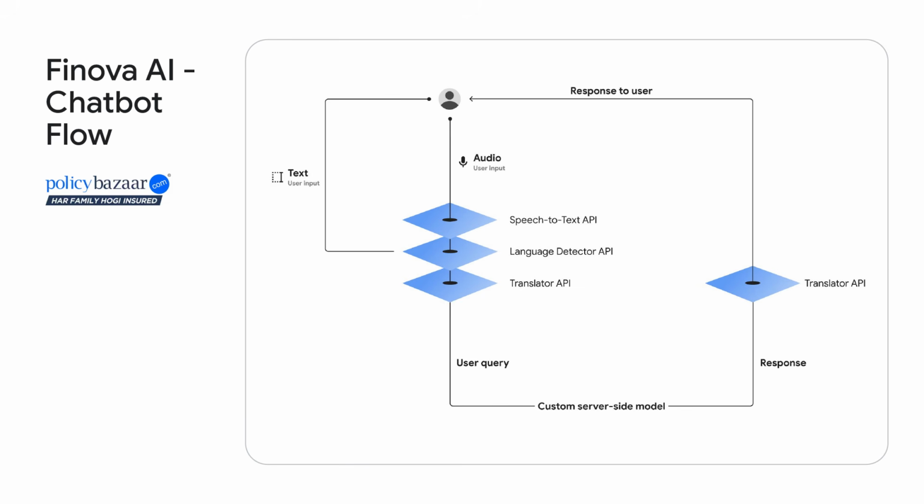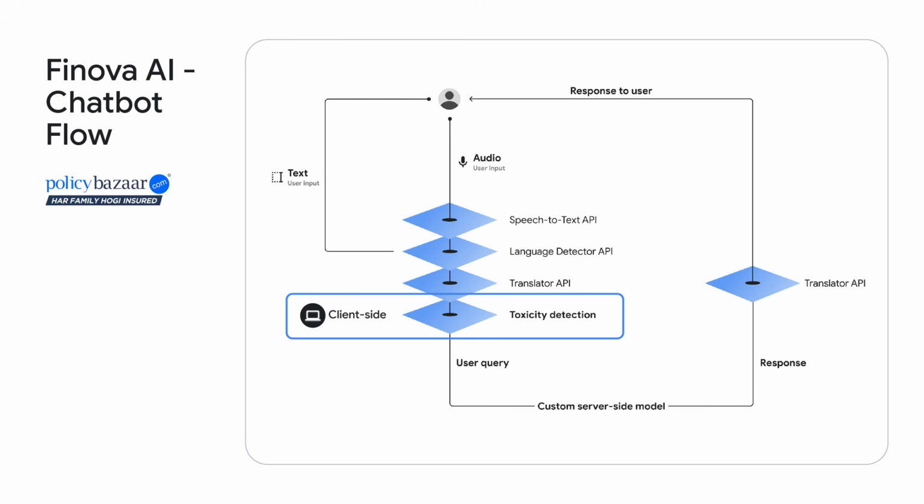However, what happens if a user decides to provide inappropriate or aggressive input to the chatbot? To tackle this, they used a toxicity detection model that runs fully client-side and is powered by WebGPU. Why client-side toxicity detection?